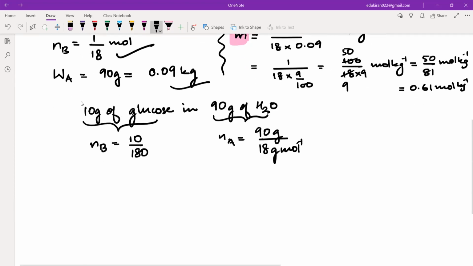Then you will calculate the mole fraction, which is given by the Greek letter chi, which looks like X. Of glucose, it is equal to. So you calculate this. What is the number of moles here? 1 upon 18. Calculate the number of moles here. 0.056.